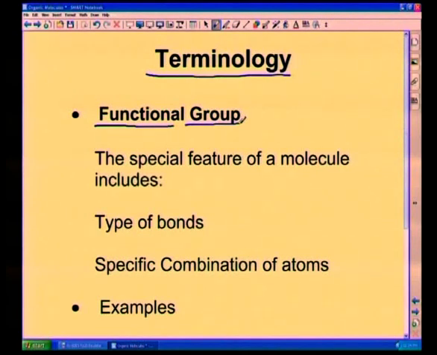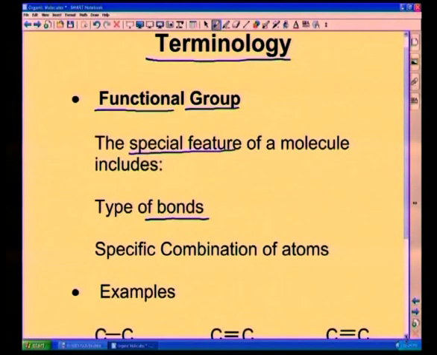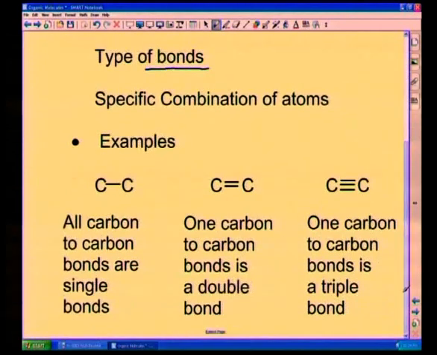It is a special feature of an organic molecule, and that would include the type of bonds that are there in the molecule, and we can also look at specific combinations of certain atoms within those organic molecules, and that gives us what we call a functional group.